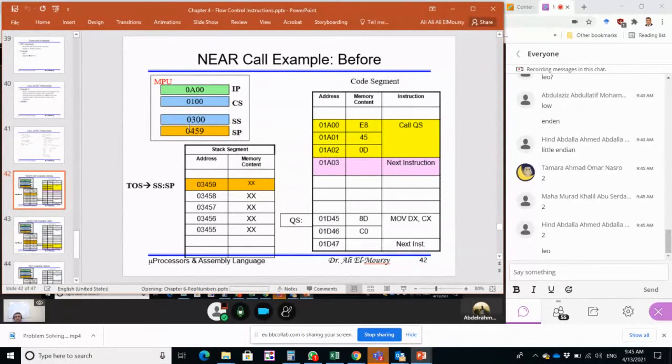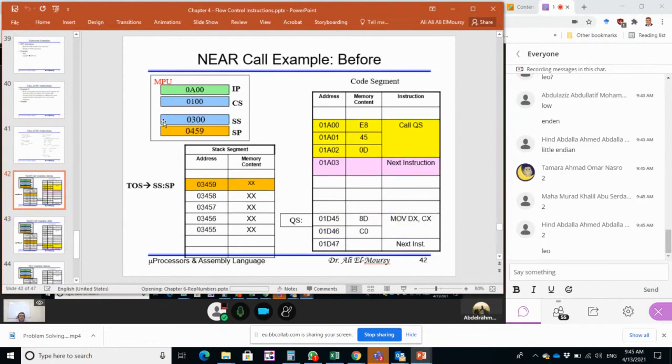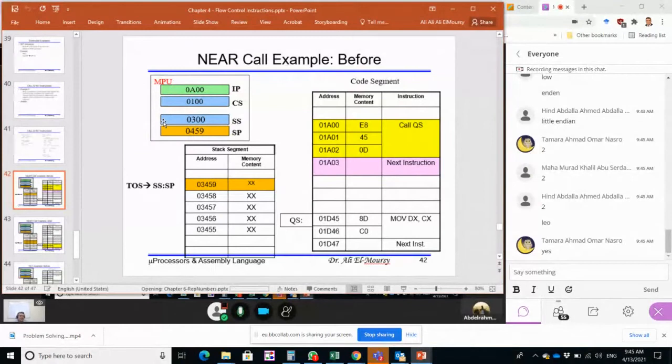Let us demonstrate this. Assuming that I have the current setup as it is shown here in the slide. Can you see the slide? Here I'm demonstrating to make the idea clear for you what's going on inside the machine for the call. Assuming that I have the current instruction.